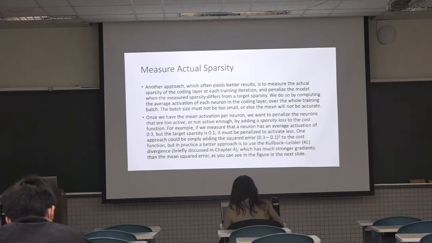This neuron is active for 30% of the time, so it's too active and must be penalized to be active less. One approach is to just add the squared error to the cost function: 0.3 minus 0.1 to the power of 2. This is easy, right?